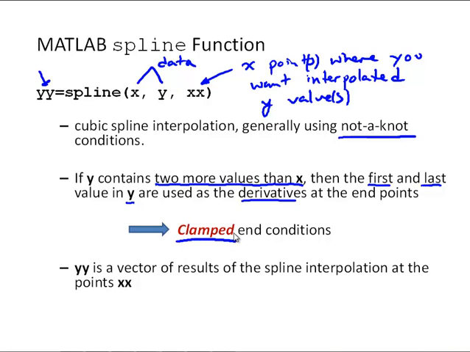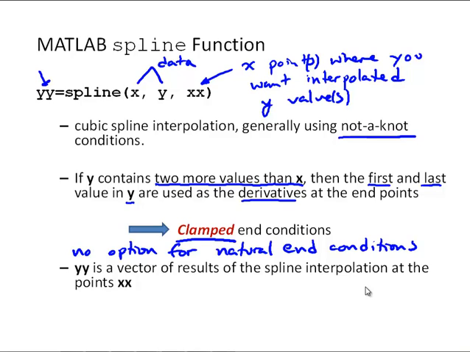Remember, clamped end conditions are how you explicitly set the derivative values at the first and last points. There is no option for natural end conditions. You would have to do this manually. So again, that output yy is a vector of results of the spline interpolation at the points xx.